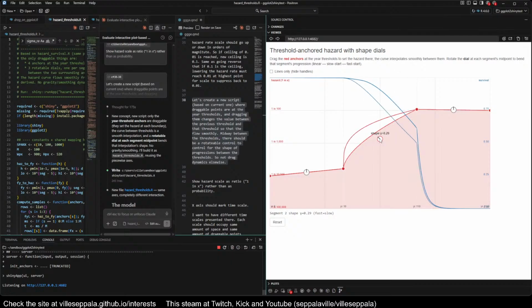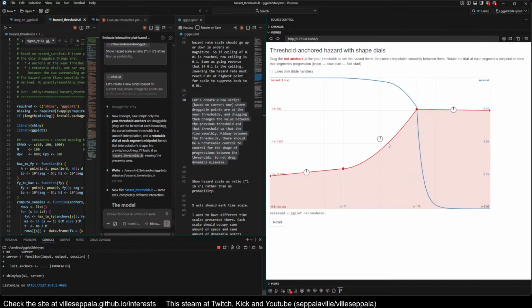Yeah, I don't think it works. Oh, actually, yeah, it doesn't work.